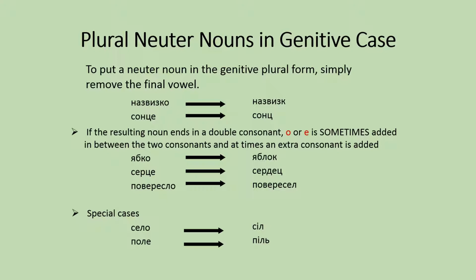There are a few instances where removing the final vowel is not the only thing needed to be done to put a neuter noun in its genitive plural form. If the resulting noun ends in a double consonant, o or e is sometimes added in between the two consonants, and at times an extra consonant is also added.